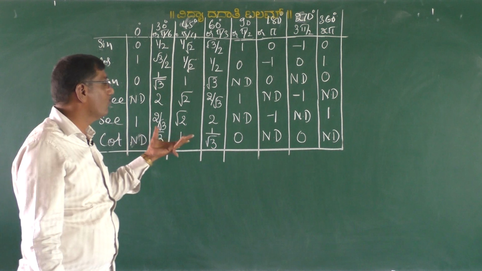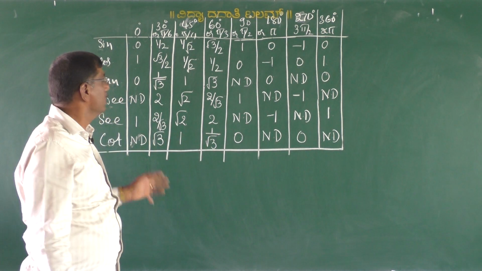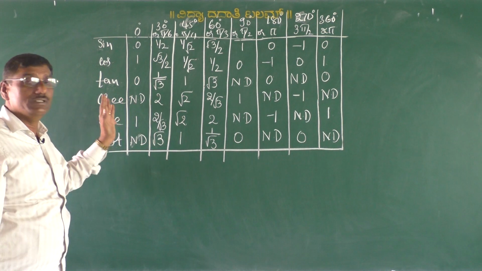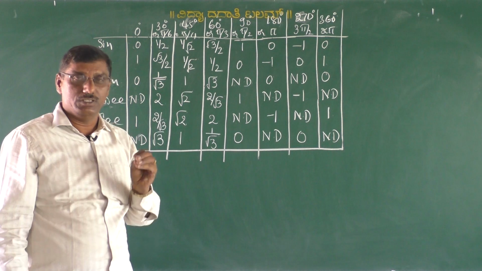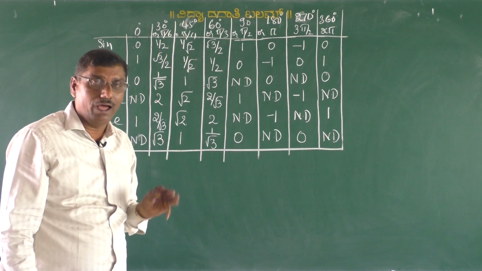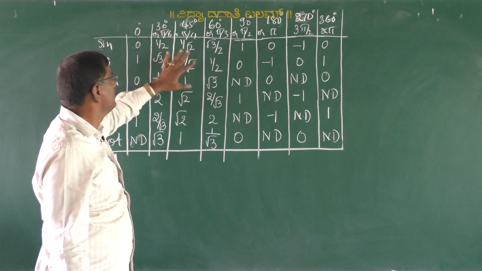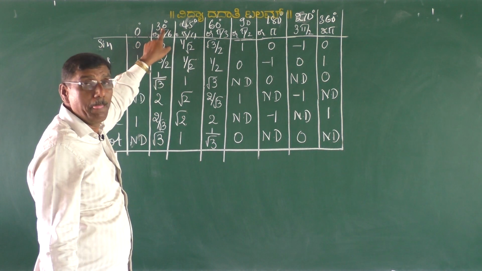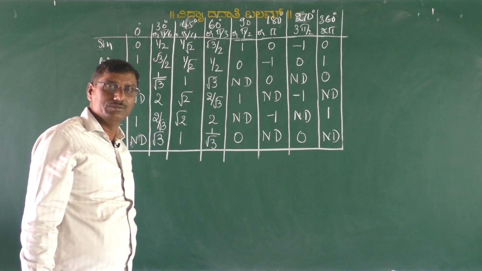Before that, we have to know these values, my dear students. These are what we call some of the values of the trigonometric functions, especially for standard and quadrant angles. Why standard? Because these are the standard values for 0 degree, 30 degree, 45 degree, 60 degree.